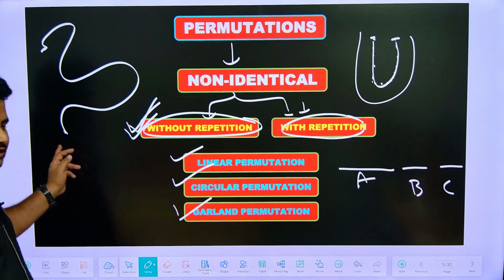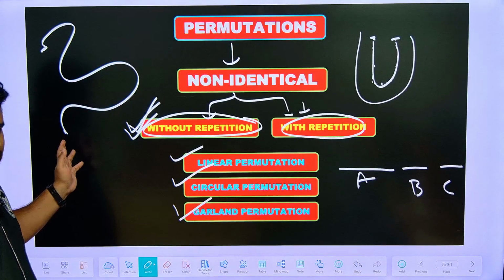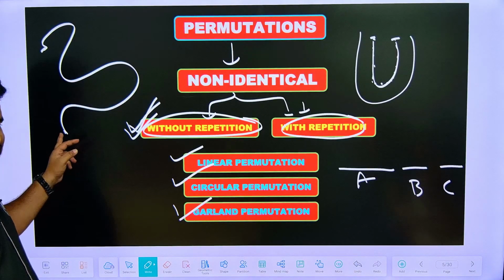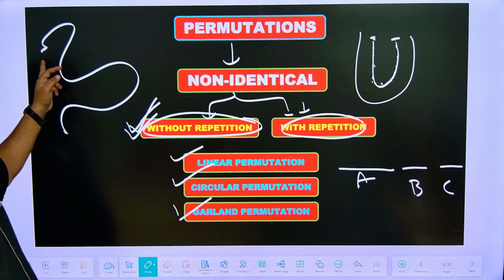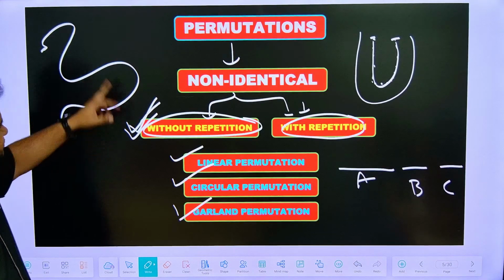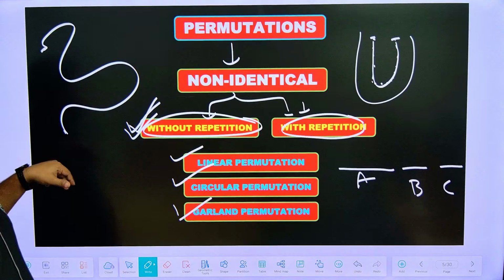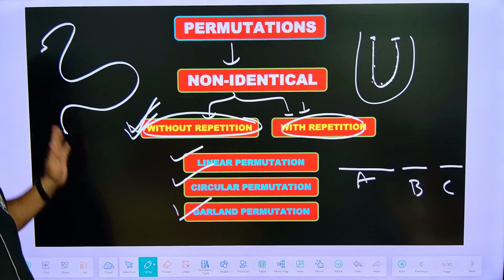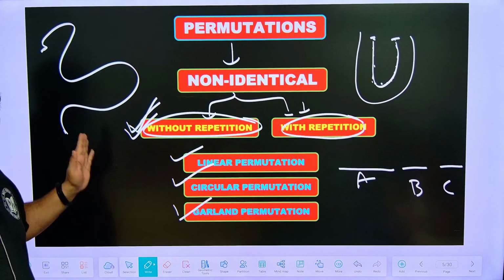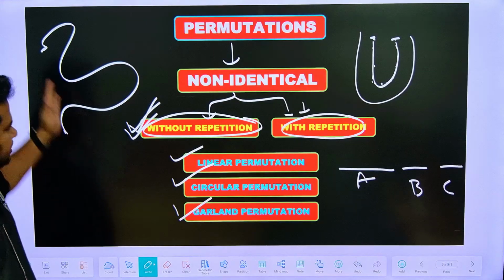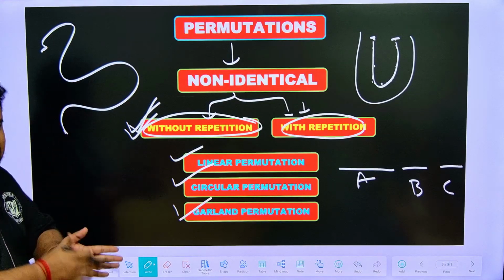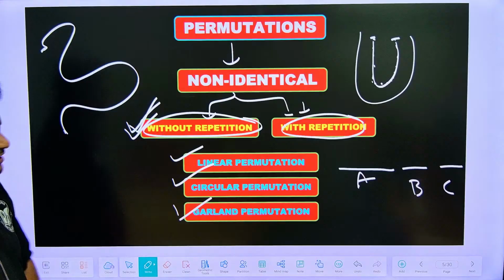But we give proper arrangement. This person will be the first starting person, this person will be the ending person. This order is very important, not the form. This is also a linear arrangement. Linear does not mean it is a straight line. Linear means one after another, one after another. That is known as linear.